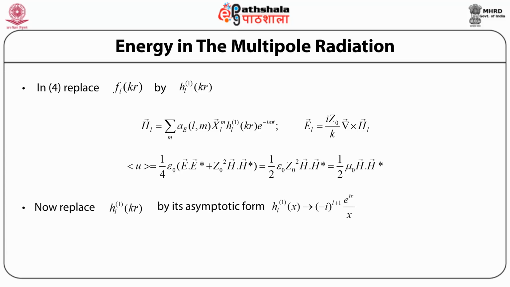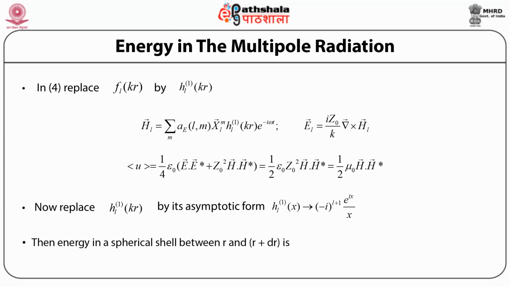Now replace HL1 Kr by its asymptotic form, that is HL1 x tends to minus iota raised to power L plus 1 into e raised to power I x divided by x.